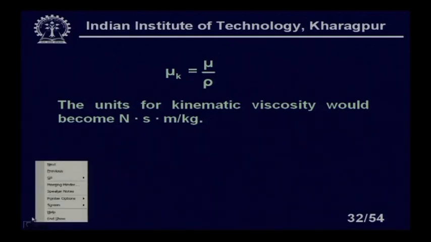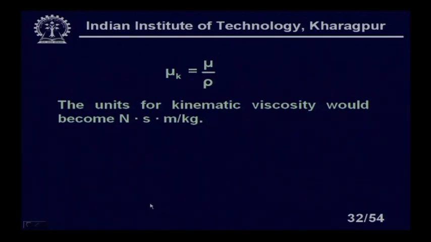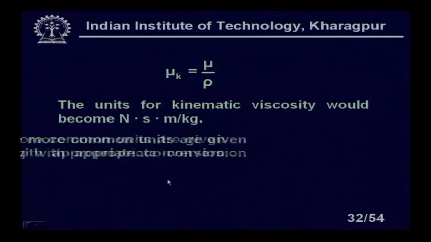So, units for kinematic viscosity would become Newton second meter per kg, right. That means you have to divide the absolute viscosity or dynamic viscosity, mu, by the density of the liquid, and you will get the kinematic viscosity, right. These units obviously will be different.